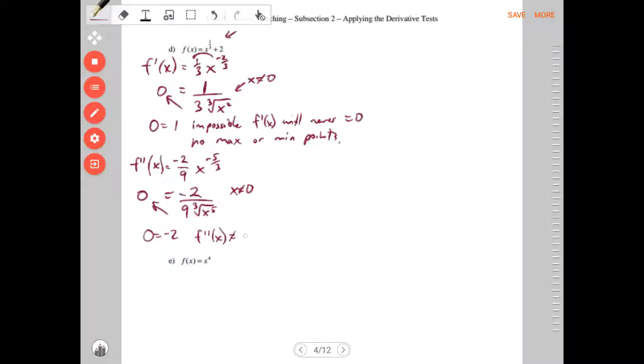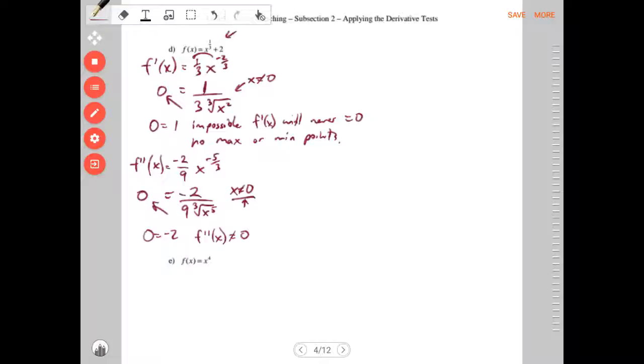Remember what our notes said, though. The points of inflection happen most of the time when f double prime equals 0. Well, this doesn't happen. And sometimes when f double prime is undefined. So f double prime is undefined here, so this is a possible point of inflection.